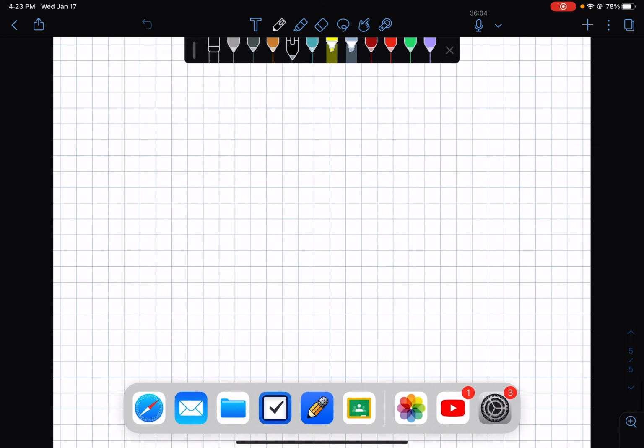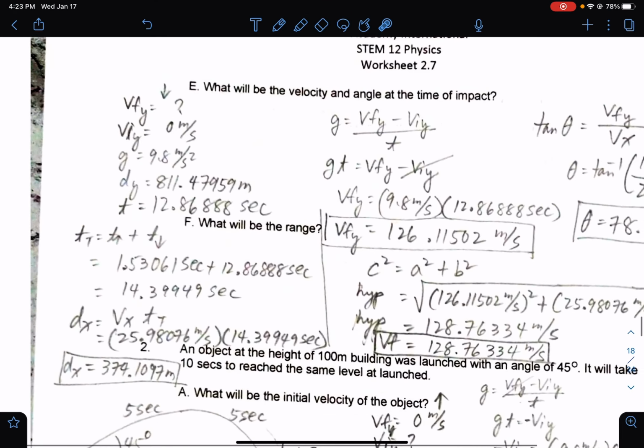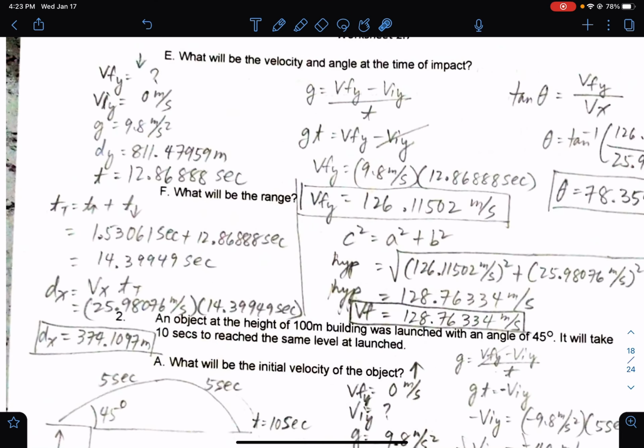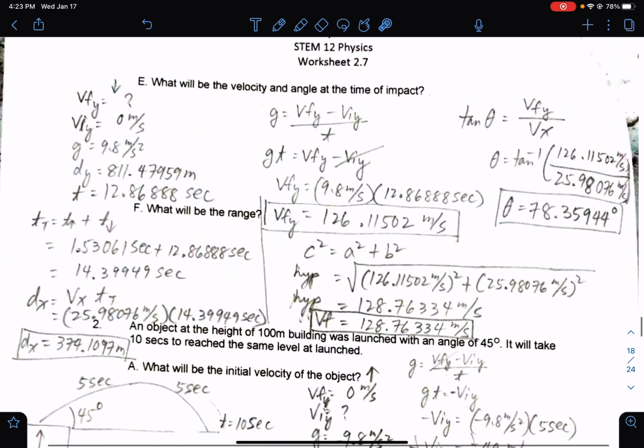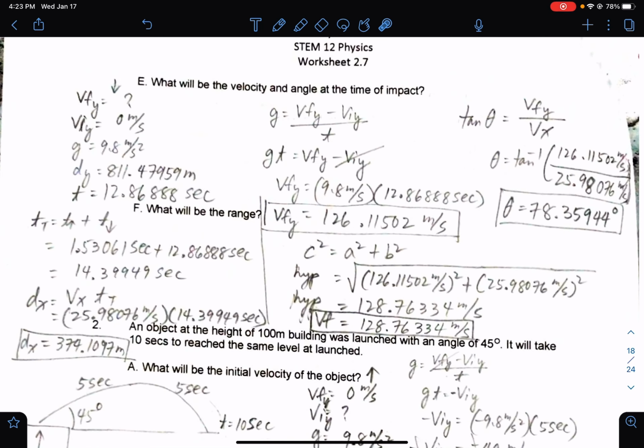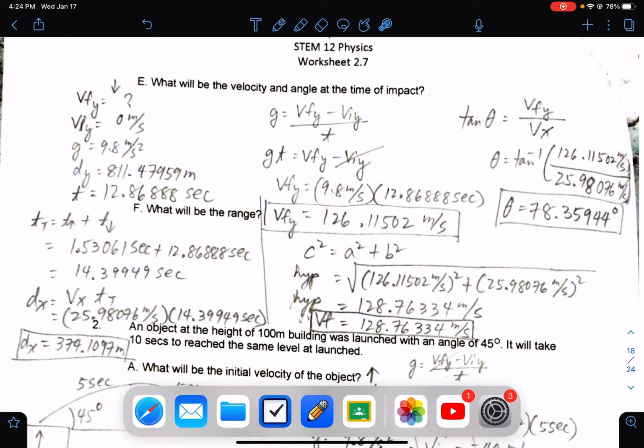Okay, I'm not sure what's wrong with this. Let's search.